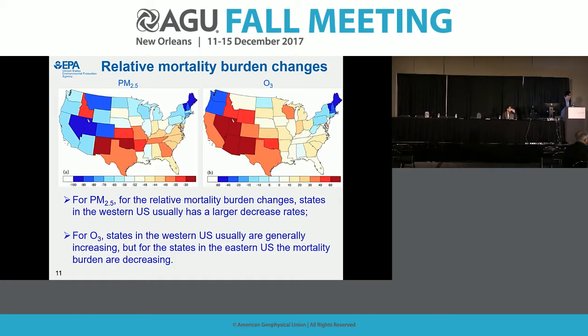So the major conclusion we draw from this slide is that for PM2.5, for the relative mortality burden changes, we see relatively larger decreases over the Western US, and we attribute it to the smaller PM mortality burdens of these states. And for ozone, we found that in the western US the ozone mortality burden is increasing, while in the northeast of the US they are decreasing.